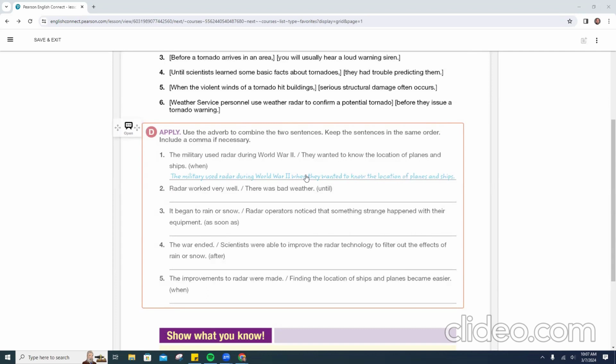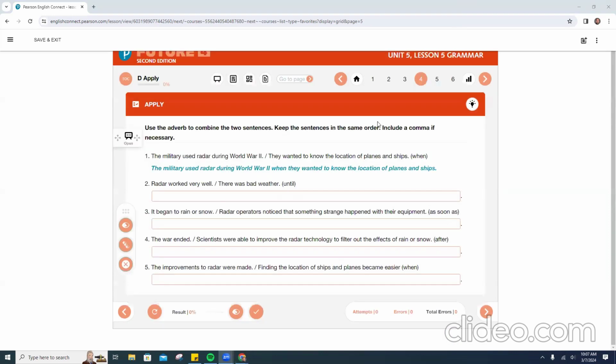Okay. So on this one here, you have the adverb of time at the end, and then we are going to use it correctly in the sentence.